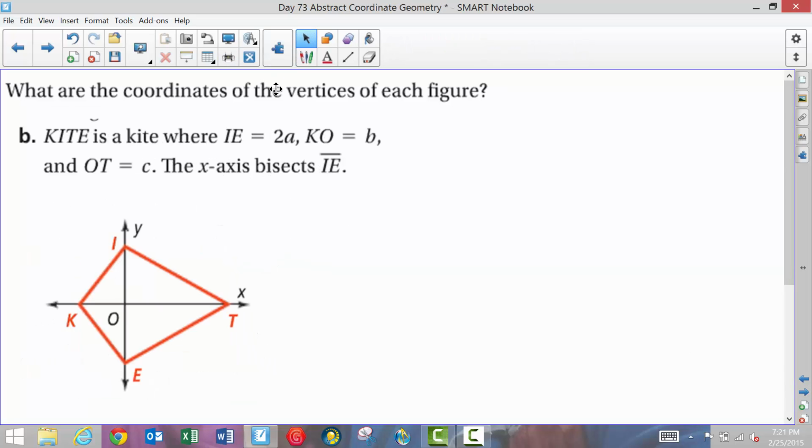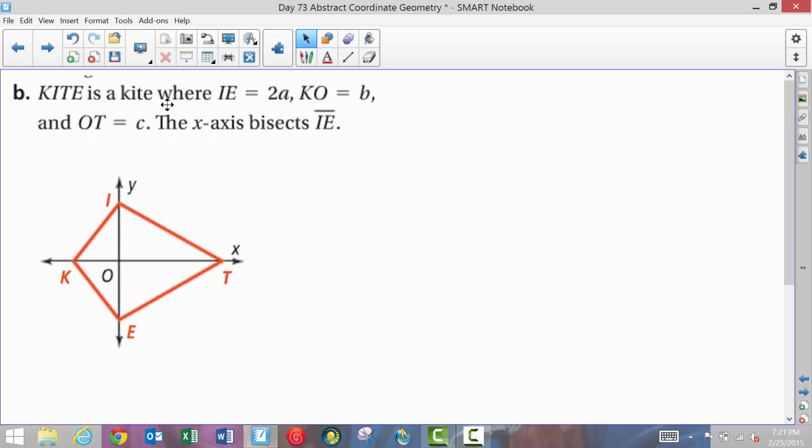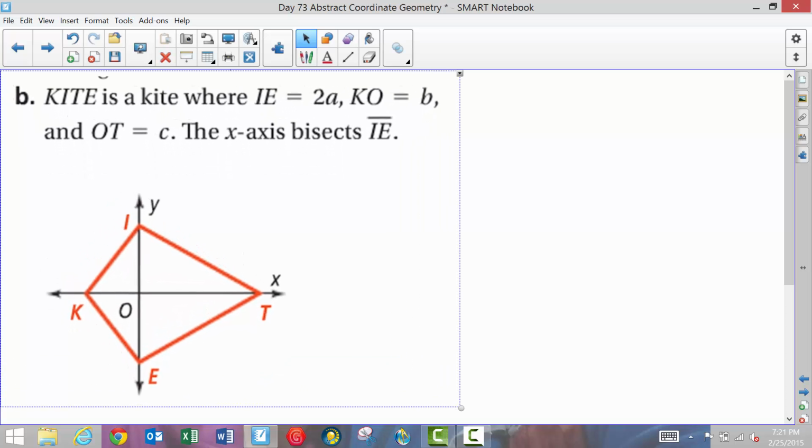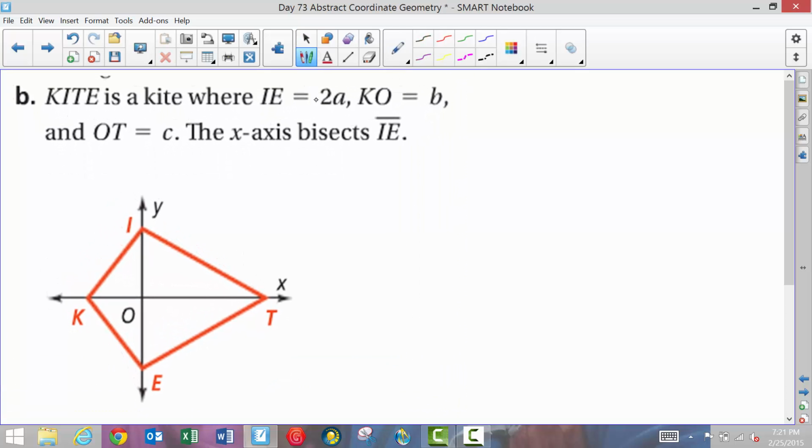So the kite, let's find the coordinates of the kite. I know that K to O is B. I know O to T is C. I know this B has to be negative because it's to the left of the y-axis. The x-axis bisects IE, so if IE is being bisected by the x-axis, I know that OI is congruent to OE.